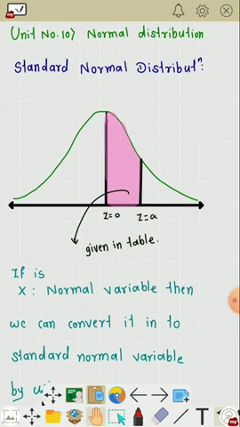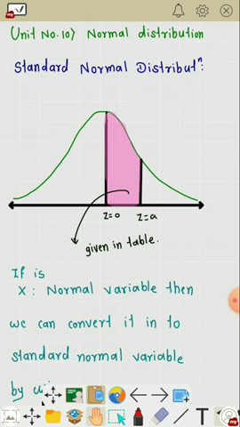Already symmetric about mean. If x is a normal variable, now see the curve of standard normal variable z. This curve is bell shaped and it is symmetric about z equal to 0.